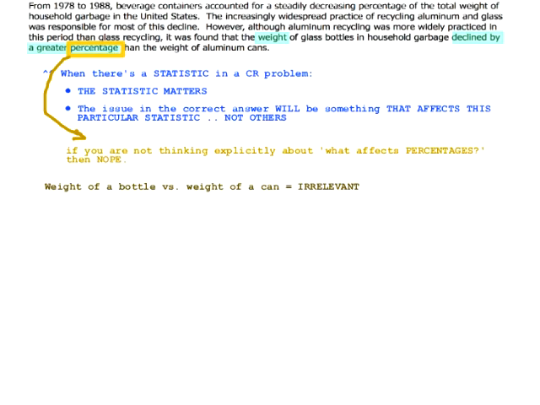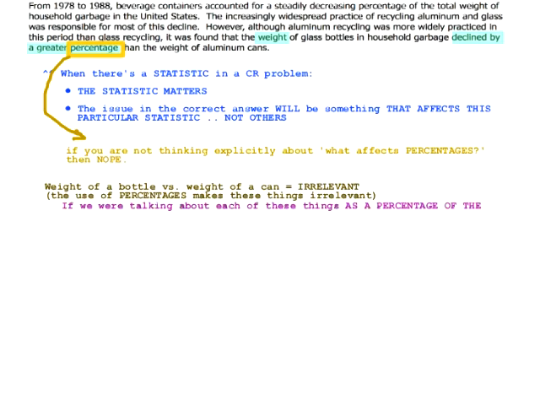That's the point. The use of percentages makes these things irrelevant. It's not as a percentage of the total weight. It's the percentage decrease in the glass was more than the percentage decrease in the aluminum. So it's not relative to the total. If it was percentage of total, notice that if we were talking about each of these things as a percentage of total weight, then this could matter.